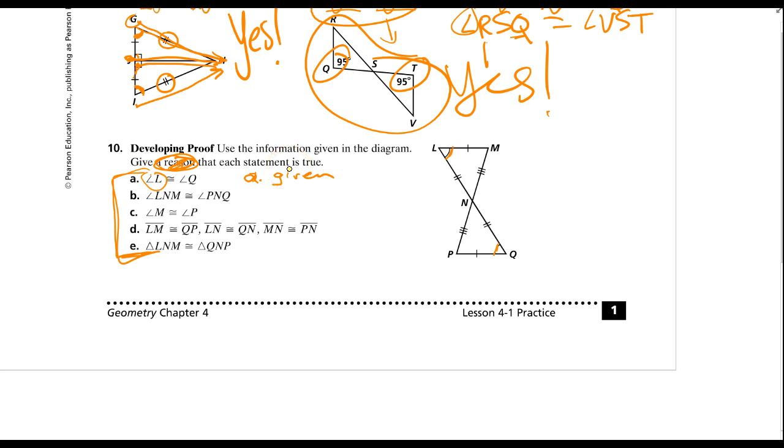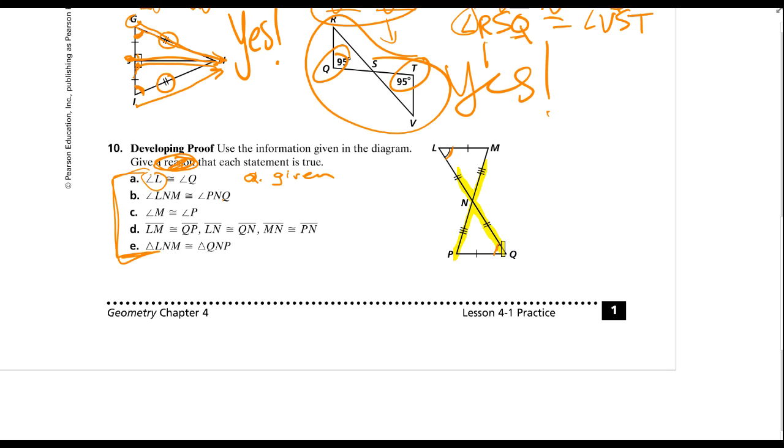Now, L and M, congruent to P and Q. There's no label there. If there's no marking that shows you that it's congruent, then you've got to come up with some reason why these two angles could be congruent. We have this one and that one.